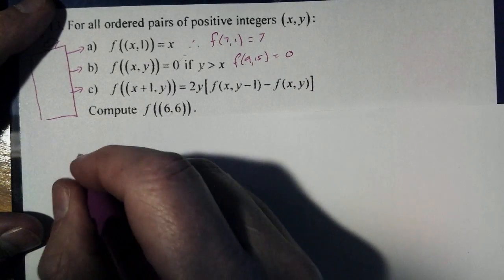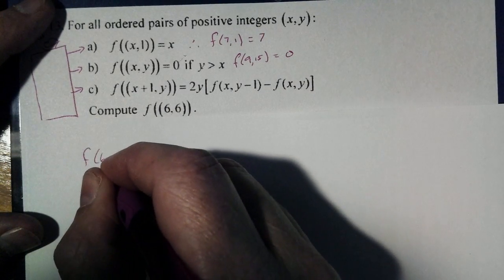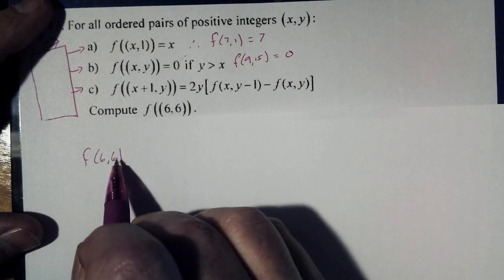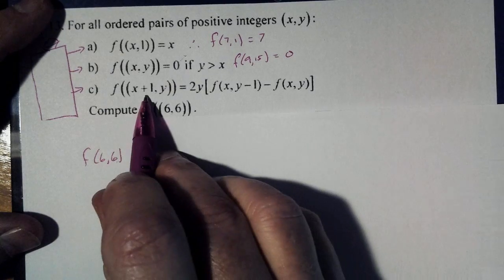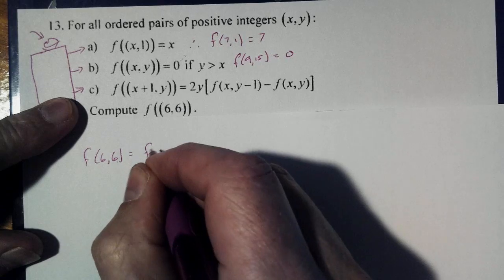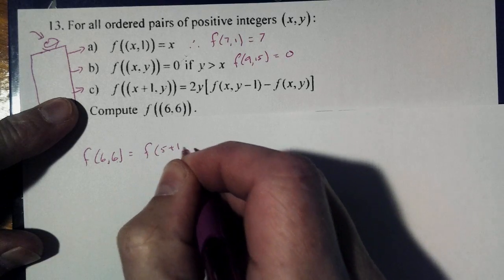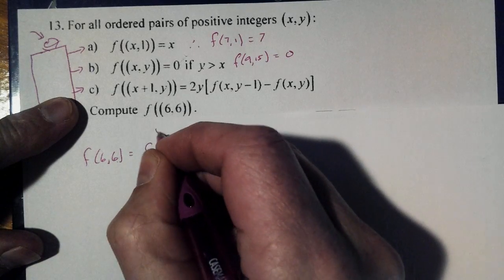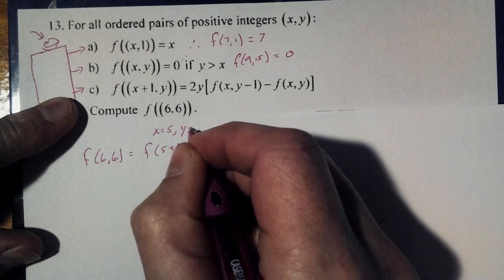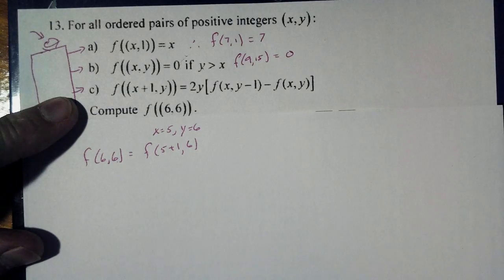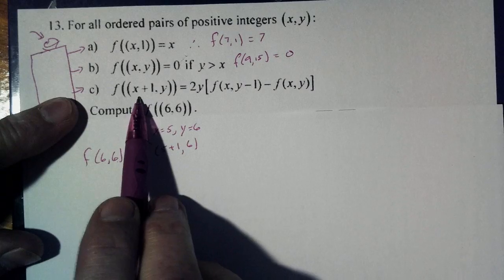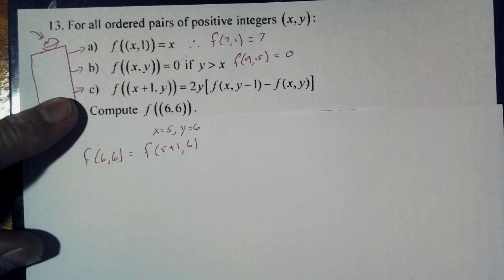So F of 6, 6: Y's not 1, Y's not bigger than X, so we have to treat it with C. Now, I'm going to write this as F of 5 plus 1, 6, just to emphasize that in this case X is 5 and Y is 6. That's a little pre-function operation going on before we get to the factory. X starts as 5, but it gets boosted by 1 before we get there.